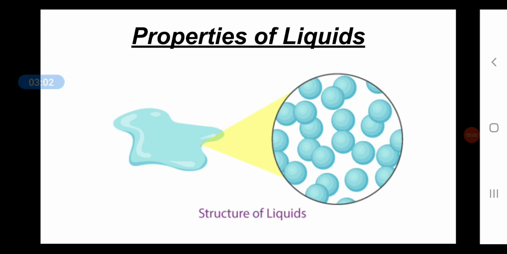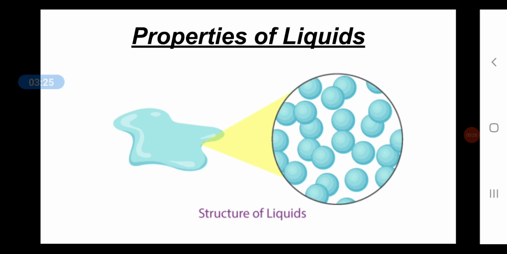And a very important property is that they can flow. Now, liquids, when they fall down on the surface, have the tendency to flow because the molecules are not so tightly packed as those of the solids.